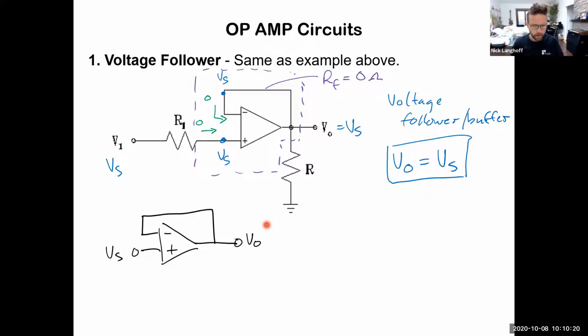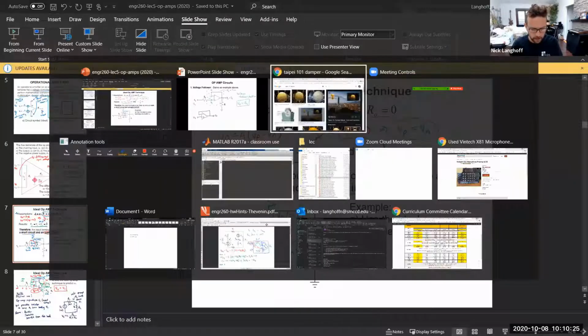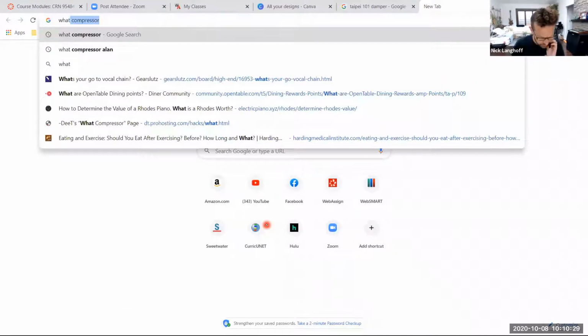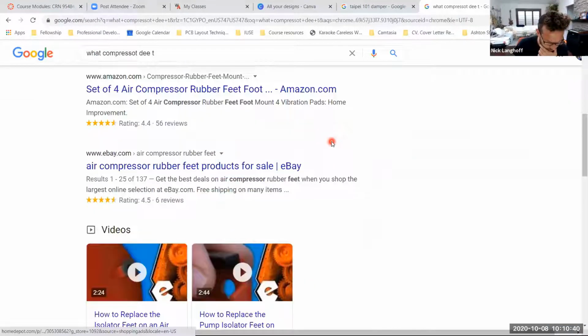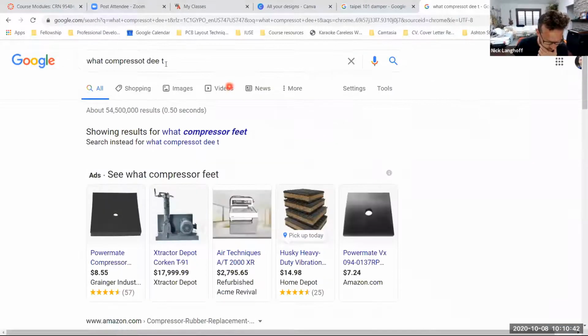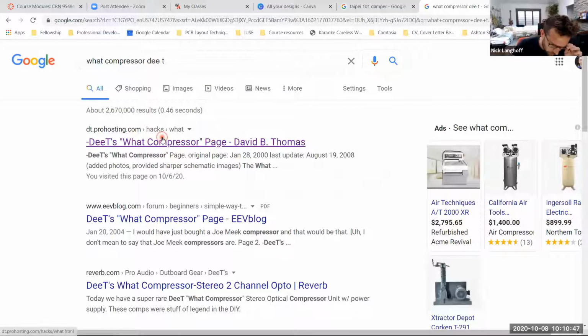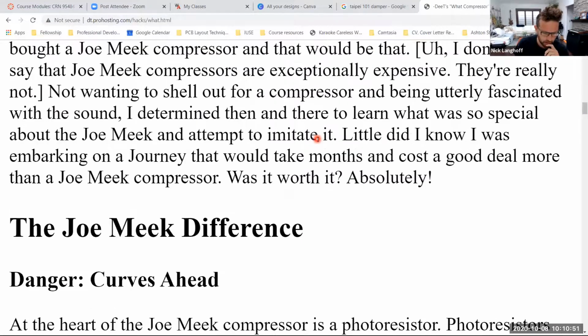Okay. The other time when we met, we pulled up this schematic of the compressor, and we looked at the schematic here.